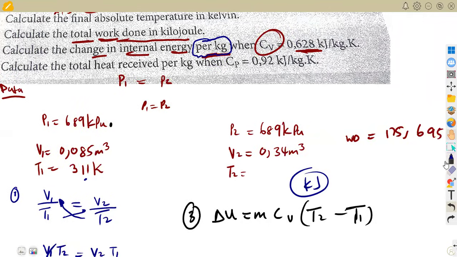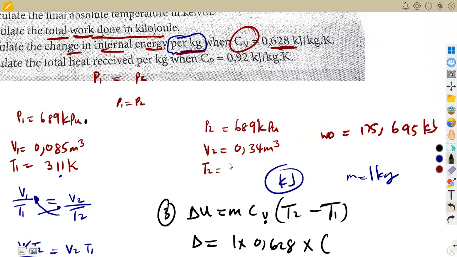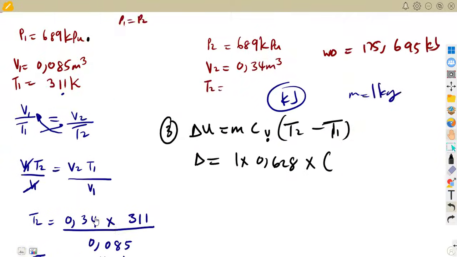So once it is like that, it means you are using your mass as 1 kilogram. So that's the change in internal energy: the mass, times the specific heat capacity at constant volume, which you are given there as 0.628 kilojoules per kilogram Kelvin, times the change in temperature T2. Remember, here we were calculating T2.